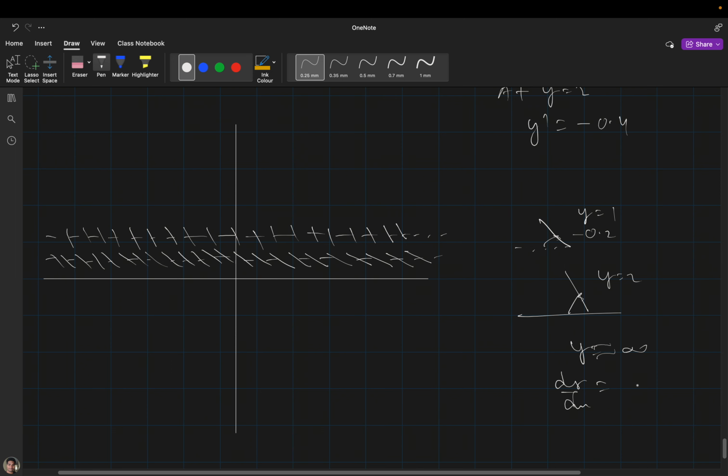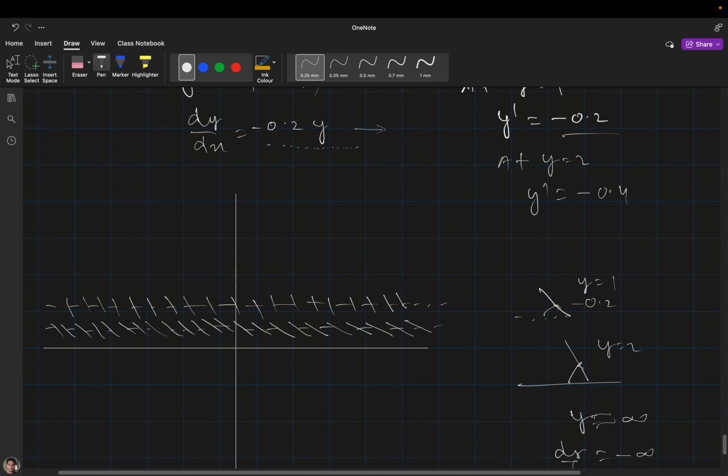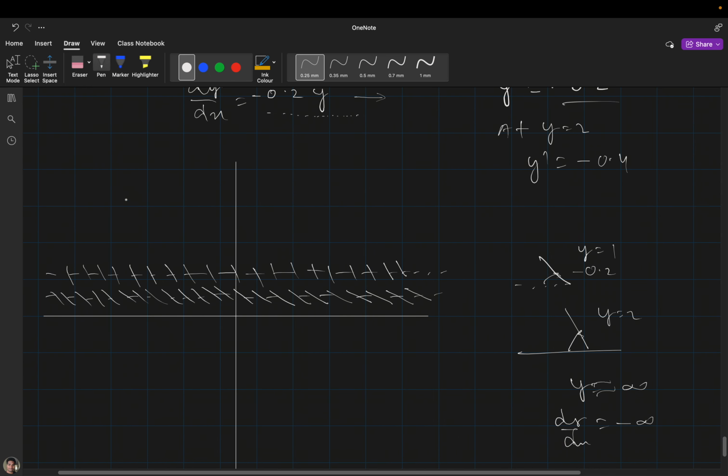That will approach minus infinity. That is nothing but a kind of vertical tangent, when y is very large.